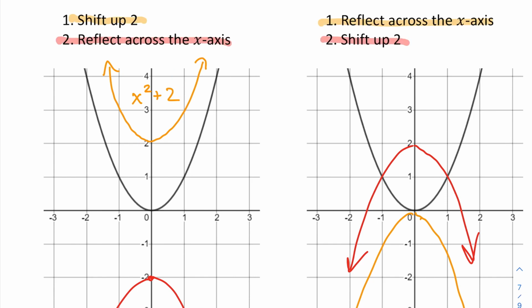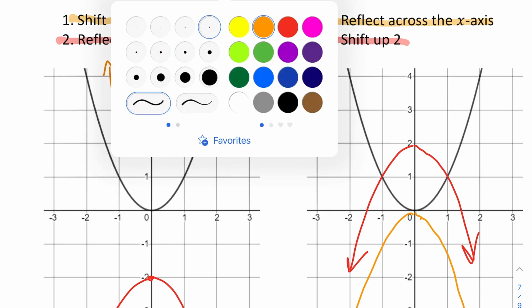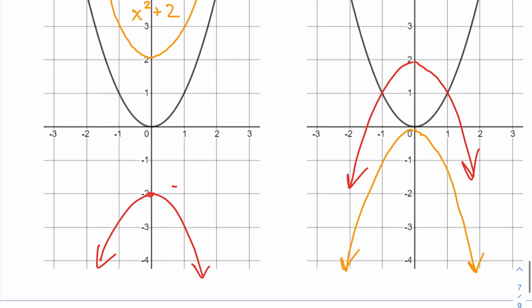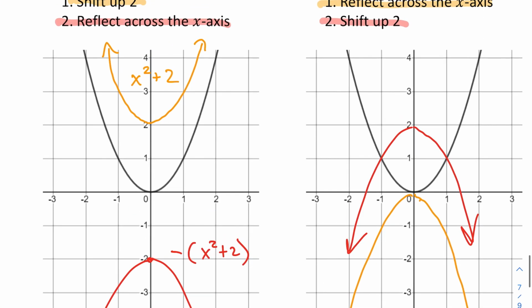But if you want to reflect the orange across the x-axis, then you need to negate the rule, and make sure you negate the entire rule. So this one should be the negative of x squared plus 2. That's how you take x squared plus 2 as a rule and reflect it. You negate the entire thing. Don't make the mistake of just throwing a negative lazily in the front and write this. This is not the same thing as reflecting this across the x-axis.